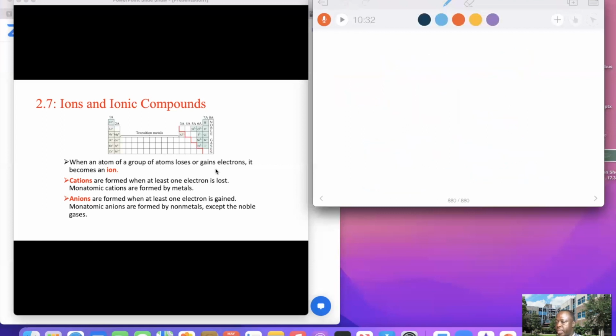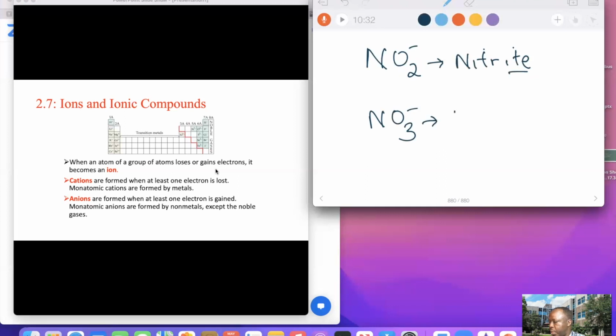On nitrogen, here, NO2 with an overall charge of -1, and NO3 with an overall charge of -1. We call this nitrite, ITE, and nitrate, ATE.